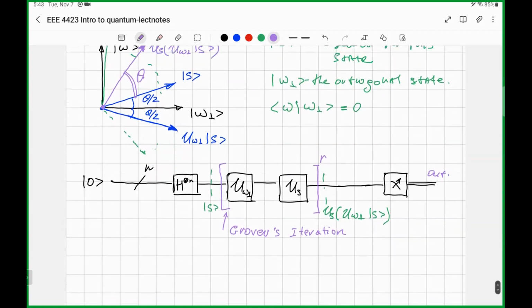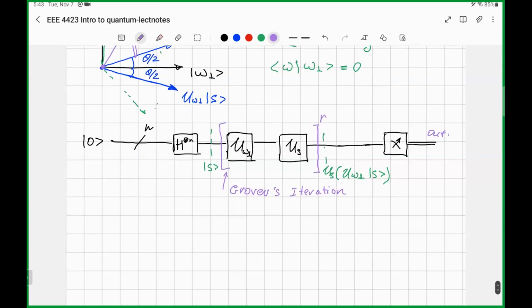A few words about the naming of these operators, U omega and US.